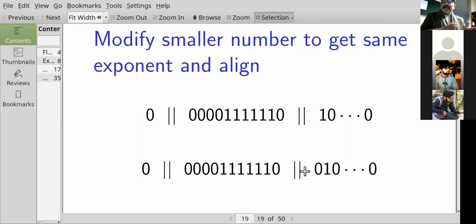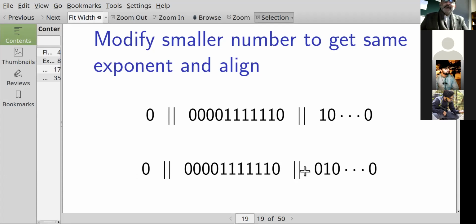And dividing by 2 means just shifting everything over, adding a 0 at the beginning, and then shifting the original mantissa over to the right. Okay? Is that all right? Yes, sir.